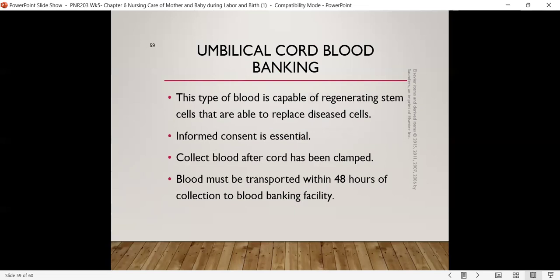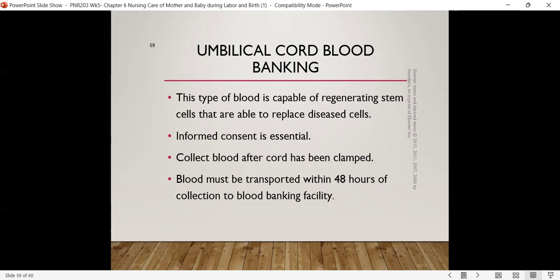I'm going to tell you, if you have any kind of problems in your family with inherited diseases, and you think that maybe one day you'll need these beautiful stem cells to replace those disease cells, then you might want to look into cord blood banking.